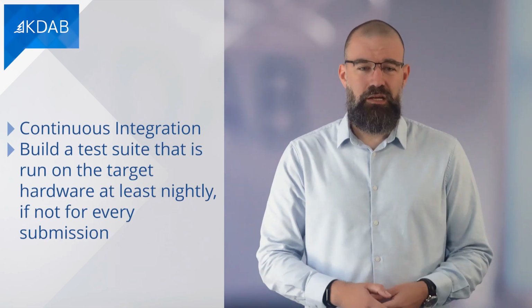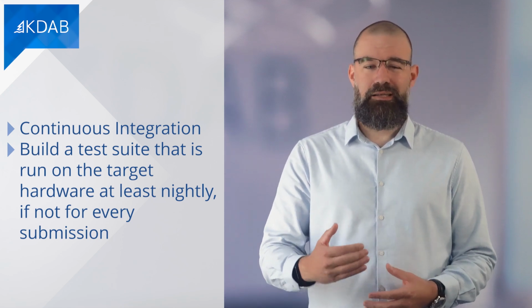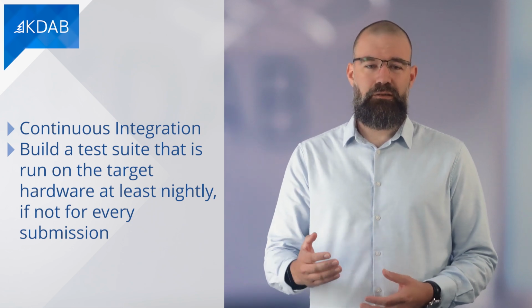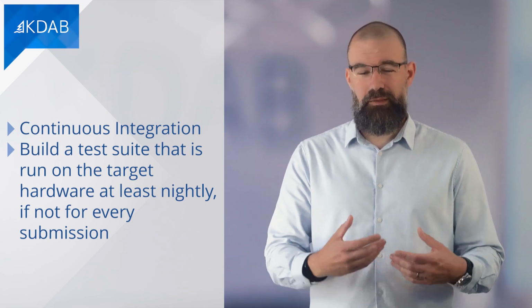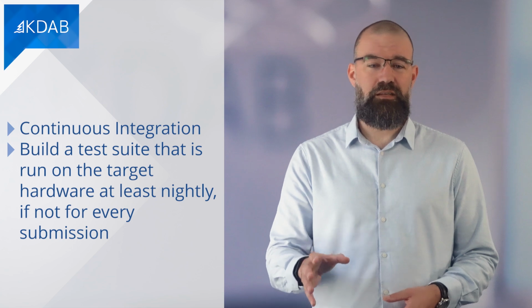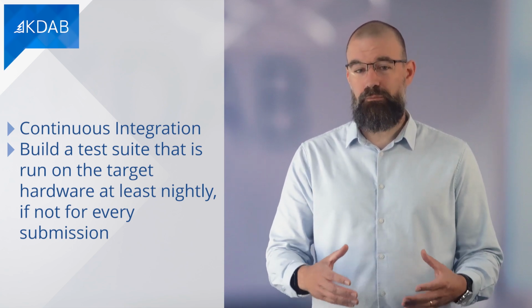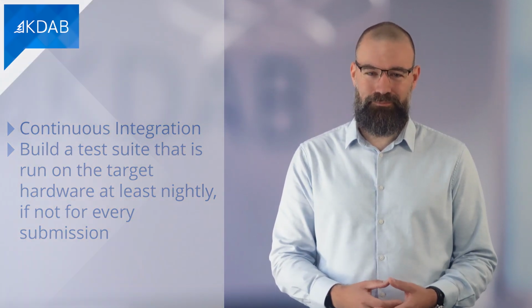And additionally, you should build a test suite that is run on the target hardware at least nightly, if not for every submission. This allows you to iterate your product with a high degree of confidence that it actually works. In our experience, the time invested in setting up a good test suite greatly outweighs the cost of debugging broken builds during critical phases of your release cycle.